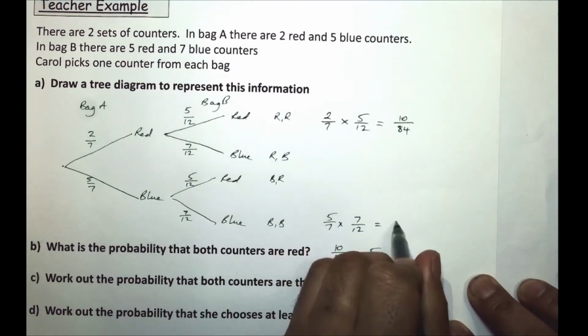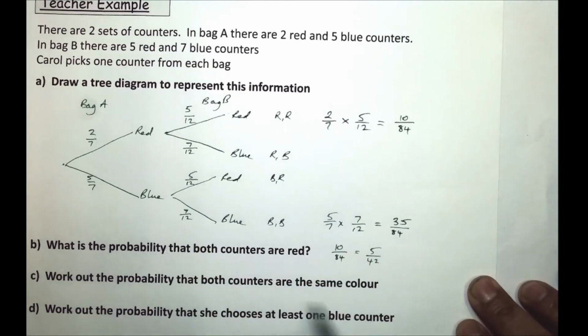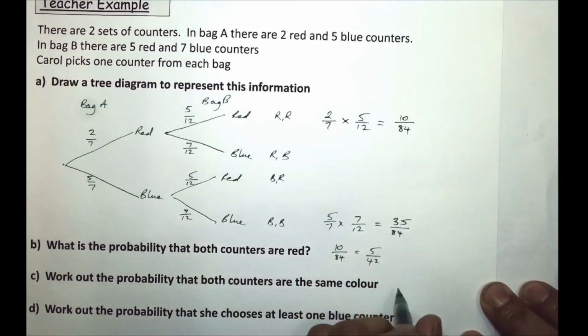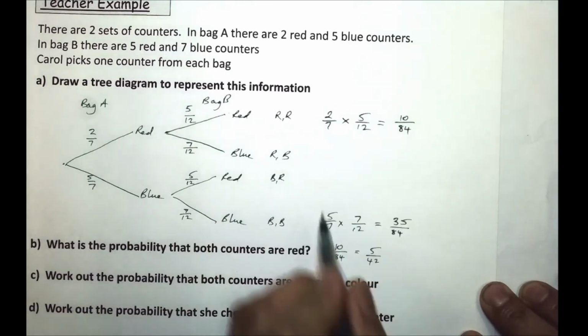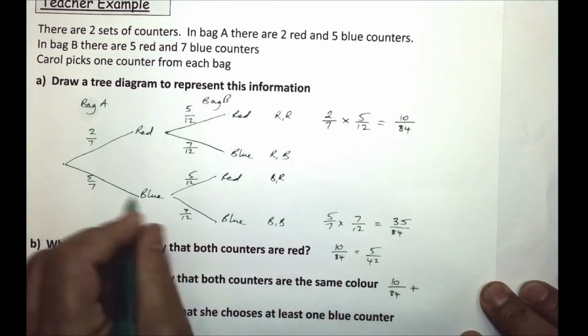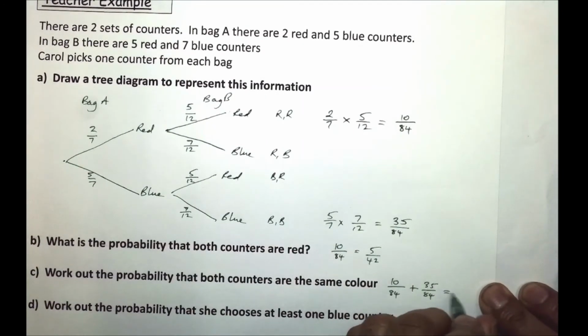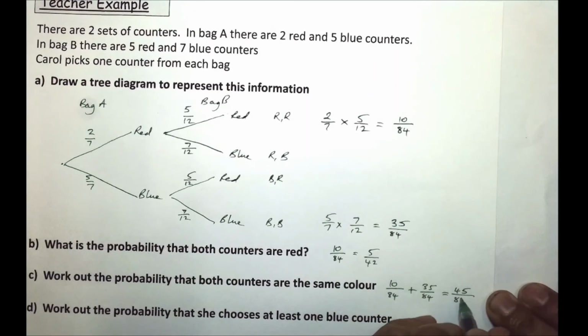So 5 times 7 equals 35 divided by 84. So we've got red, which is 10 over 84, or blue, which is 35 over 84. So adding the fractions, that gives me 45 out of 84.